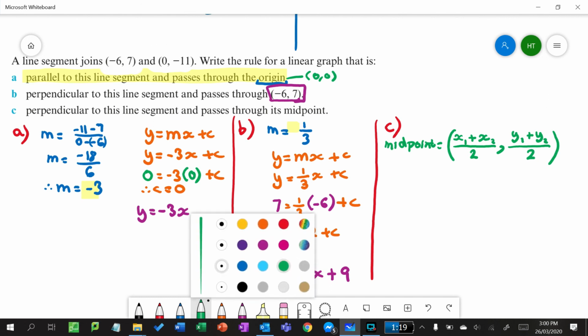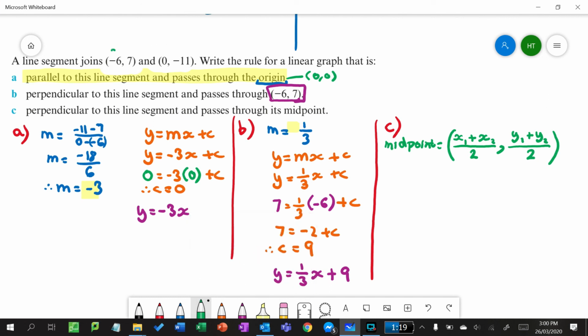So we'll look here, let's call this x1, y1, and this one can be x2, y2. Okay? So the midpoint, I'll call it MP, equals, okay, x1 is negative 6 plus x2 is 0, divided by 2.